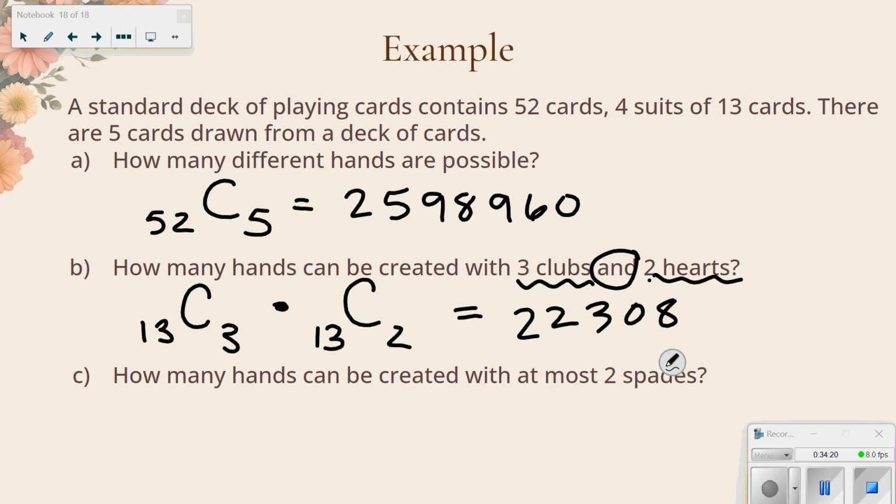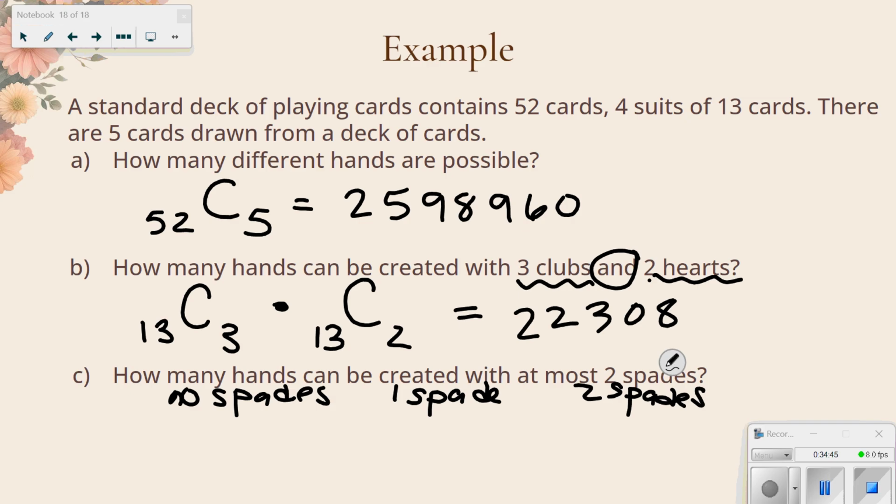So I'm going to have 0 or no spades. I'll also have 1 spade and 2 spades. So I could have no spades or 1 spade or 2 spades.